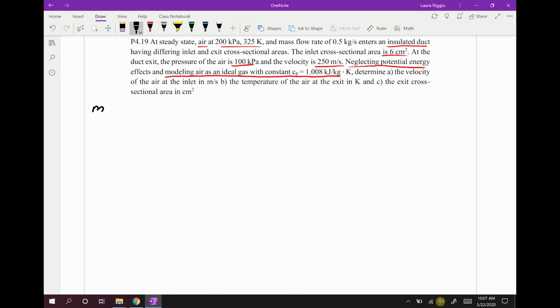So we know that our mass flow rate is equal to our area times our velocity over our specific volume.